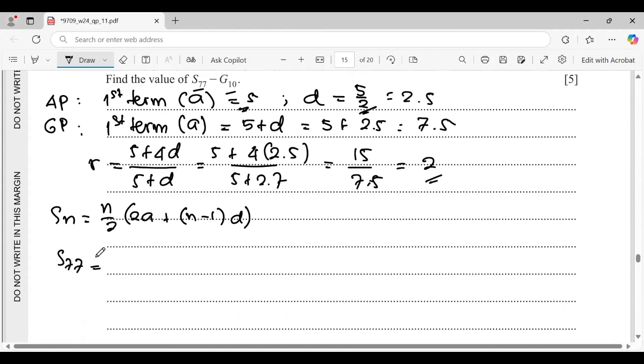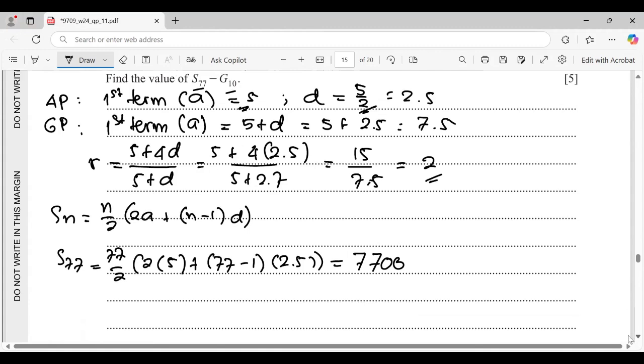S77 equals 77 half times 2 times 5 plus 77 minus 1 times 2.5. So if you calculate, the result is 7,700.